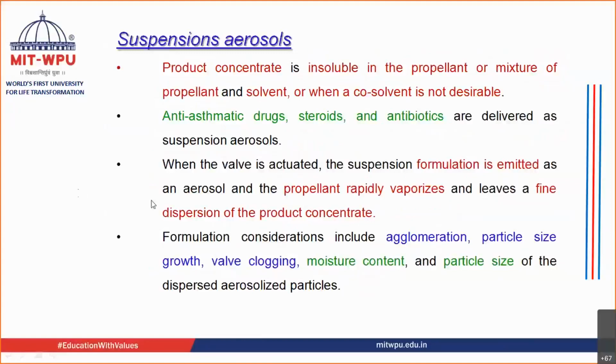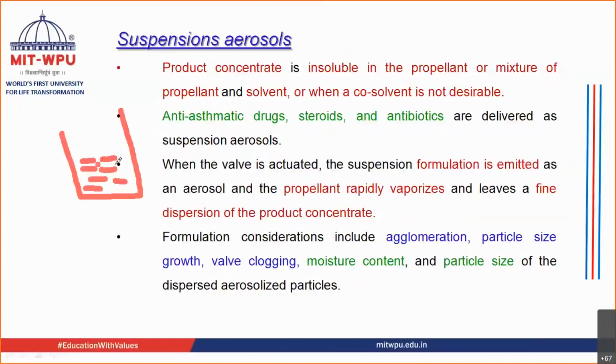Let's move to the next formulation, that is suspension aerosols. Now, suspension aerosols, as I told you, are a three-phase system. If you take a container, it consists of a propellant system. Inside this propellant system, you have fine particles of the drug.